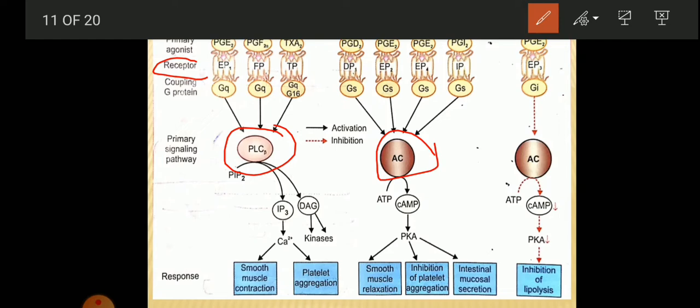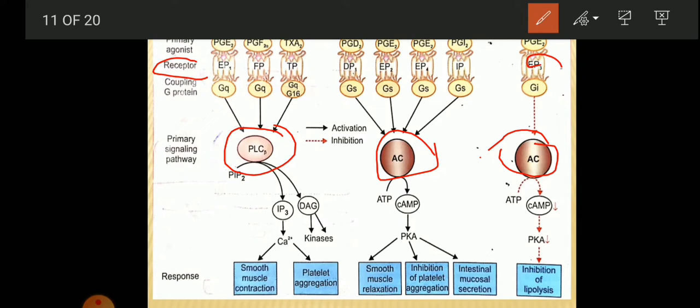And the last one is the inhibitory group, where the primary agonist like PGE2 binds to the receptor EP3. Here you can see that receptor. The binding of the primary agonist PGE2 to the EP3 receptor causes coupling with Gi protein, and this results in the inhibition of adenylyl cyclase, so that the conversion of ATP into cAMP is blocked.